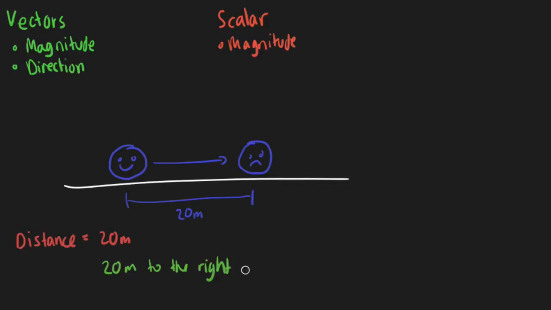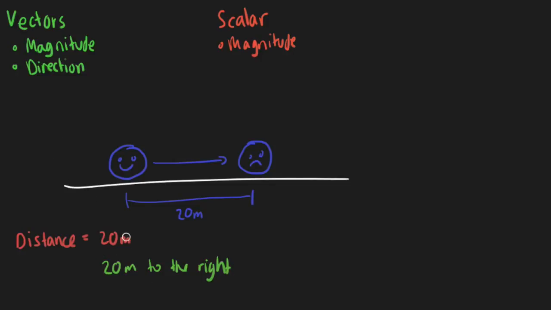There are many ways to indicate direction. I've used a qualitative description here, but you could be more quantitative. You could say it's moved perhaps at a 45-degree angle, or you could say it's moved northwest. So there are many ways of expressing direction.